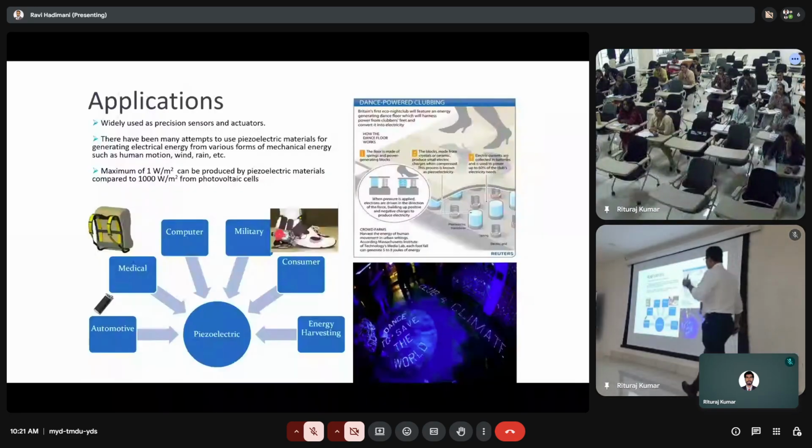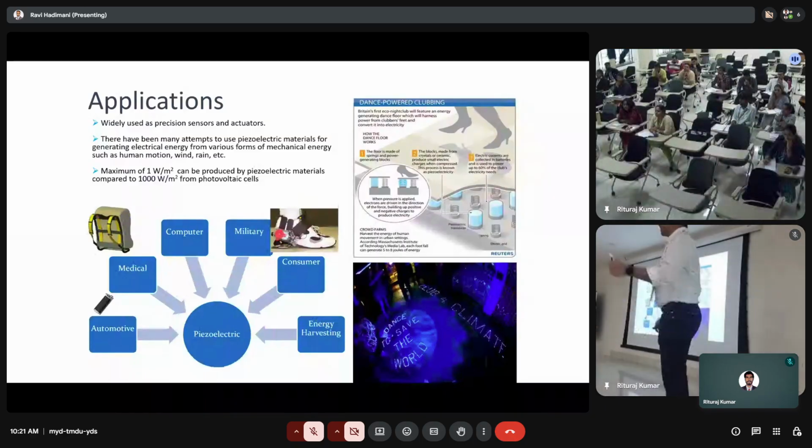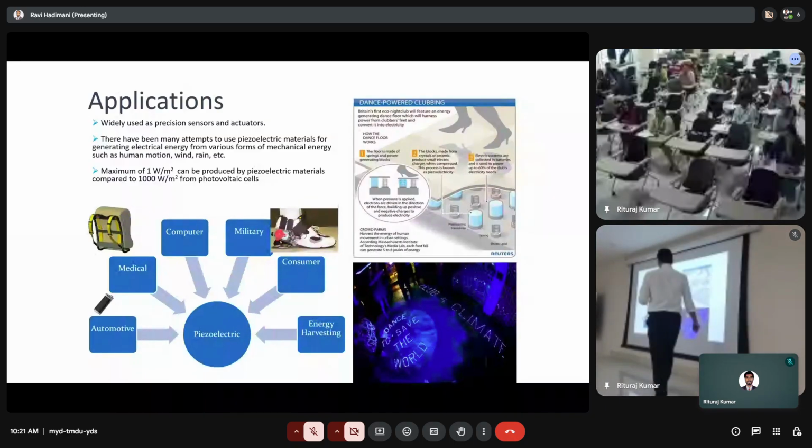So now we're talking about applications. You may not know it, but they are used in so many places because these materials were known so long ago.